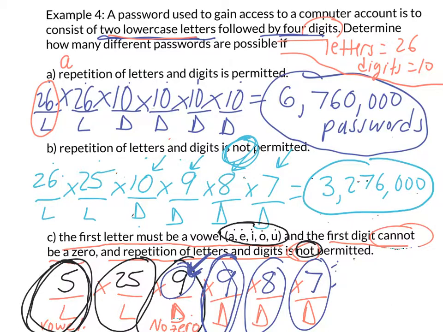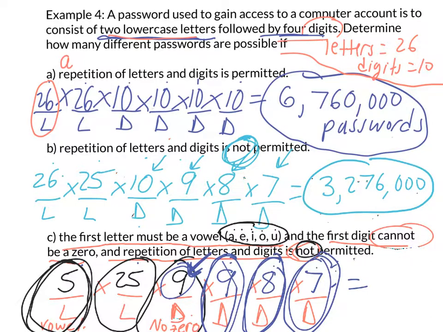So 10 digits minus the one you chose prior is 9. Then you'll choose one of those 9 again. You're down to 8. Minus 1, you're down to 7. So if you can see through all my circles, the numbers we're going to multiply here are 5 times 25 times 9 times 9 times 8 times 7.